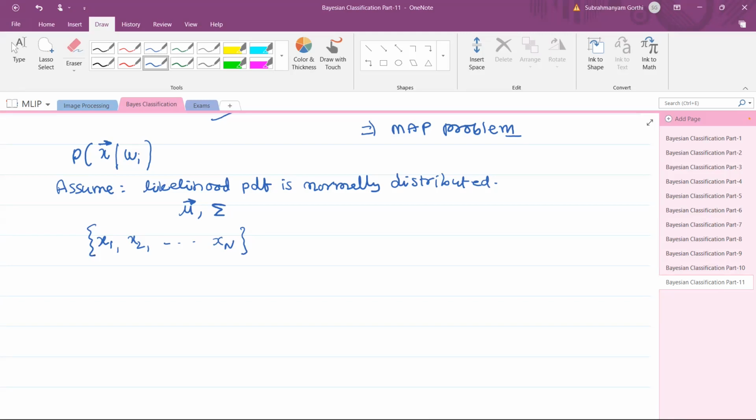Now I need to compute the parameters of the normal distribution. How do you do that? For the mean, we'll take the average of all the given x1, x2 till xn. Good. And what about the variance? For the variance, we'll take the sum of the squares of x minus mu.